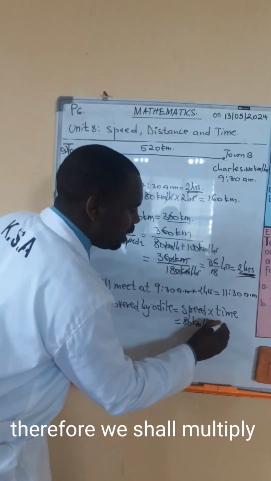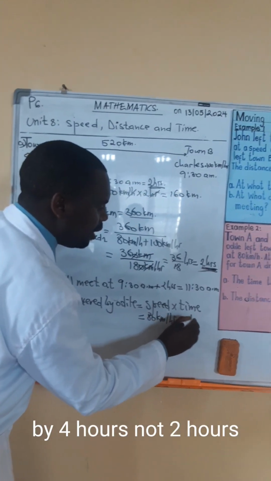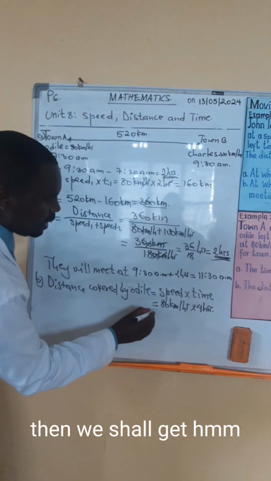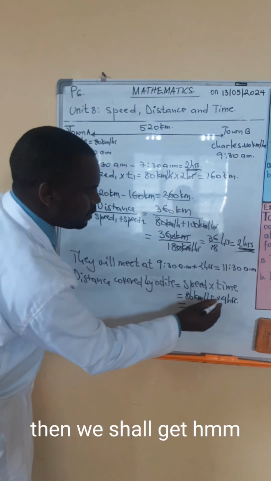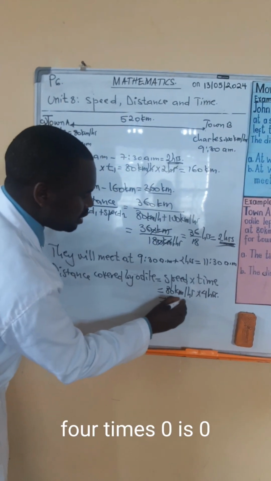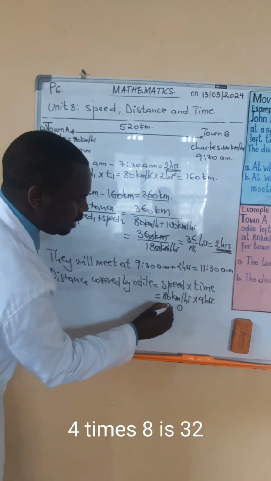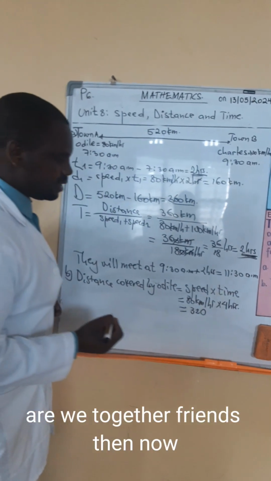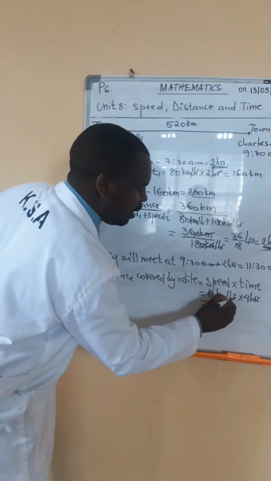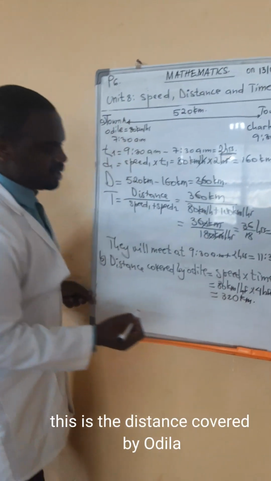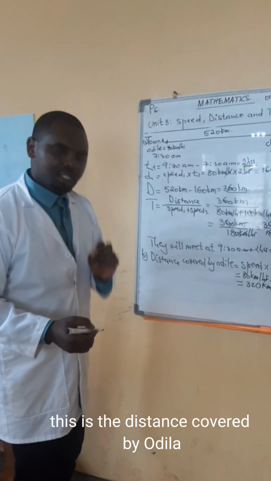Therefore, we shall multiply by 4 hours, not 2 hours. Then we shall get 4 times 0 is 0. 4 times 8 is 32. Are we together, friends? Then now, hours, then kilometers. This is the distance covered by Odile.